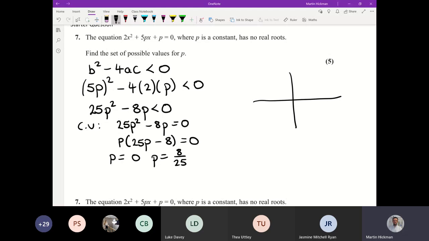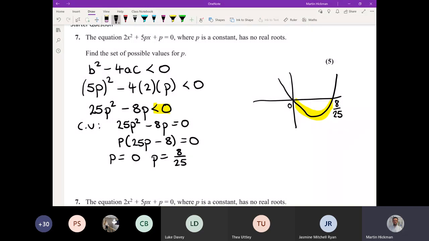So I'm going to sketch 25p squared minus 8p. I've got my roots here of 0 and 8 over 25. Because I'm looking at where this is less than 0, I'm looking for all the values between 0 and 8 over 25, because between those two numbers the graph is below the x-axis.